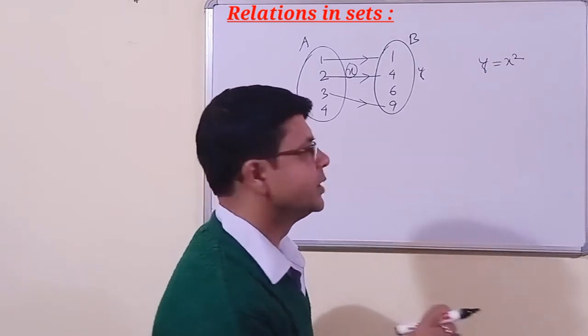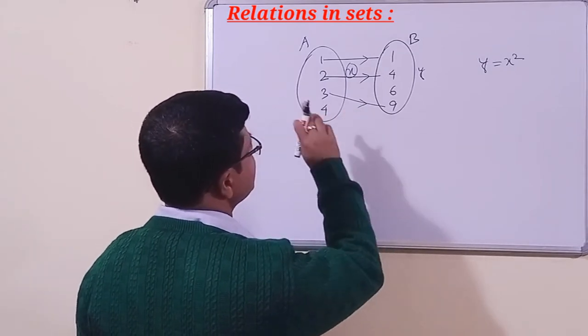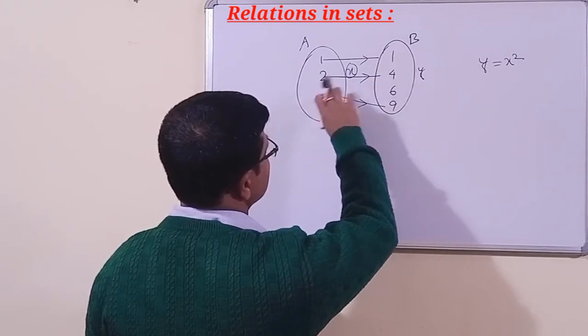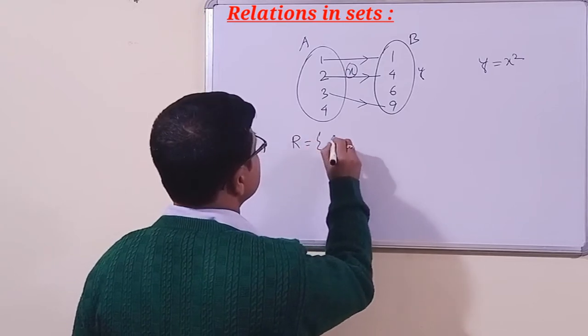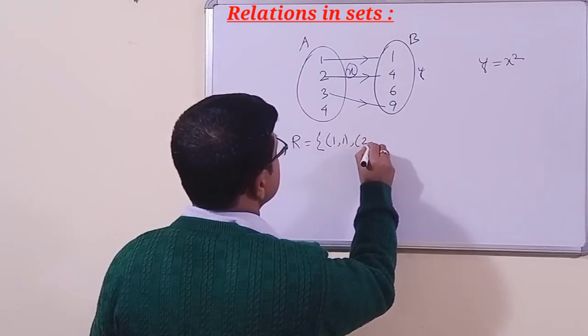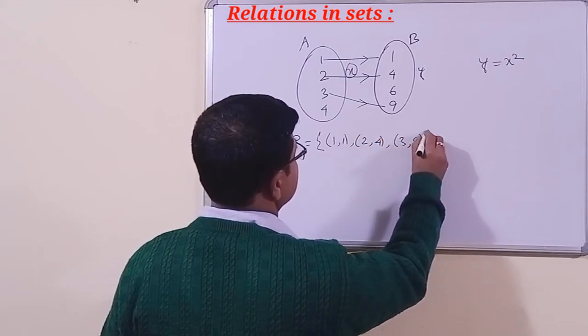So dear students, we have seen in the last example that there is a relation between the components 1 1, 2 4, 3 9. So the relation was 1 1, 2 4, 3 9.